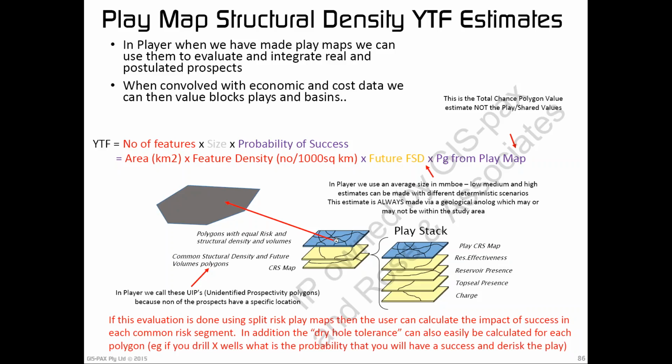So we can effectively calculate success volumes per polygon, and identify those polygons that have significant upside potential and those that don't from this analysis. And what a lot of companies do is calculate what we call the dry hole tolerance. So if I drill 2 wells in this polygon, what is the probability that I'm going to actually de-risk that play? That's a simple mathematical calculation which is very useful for basin entry decisions.